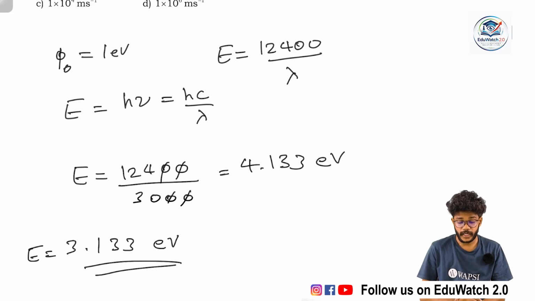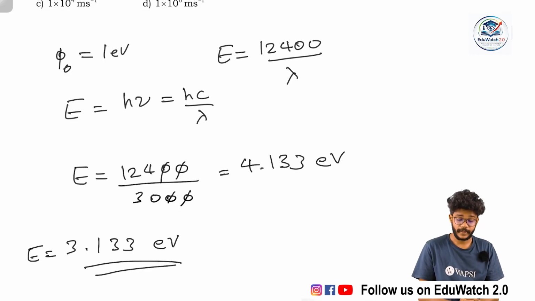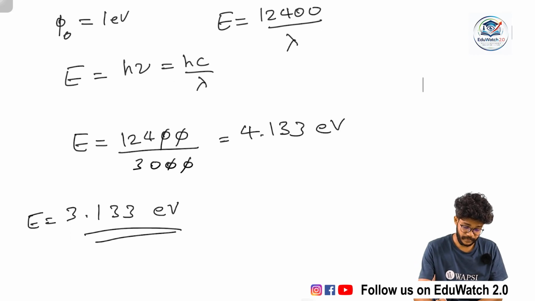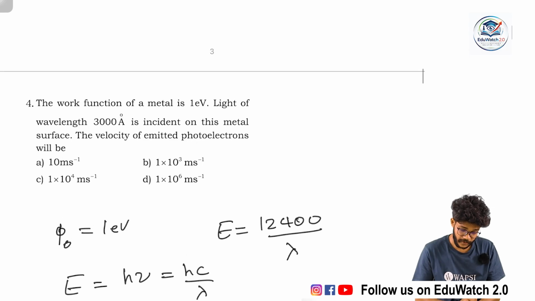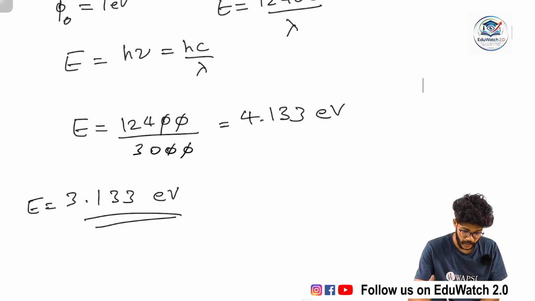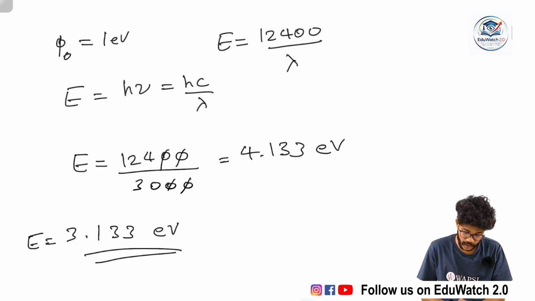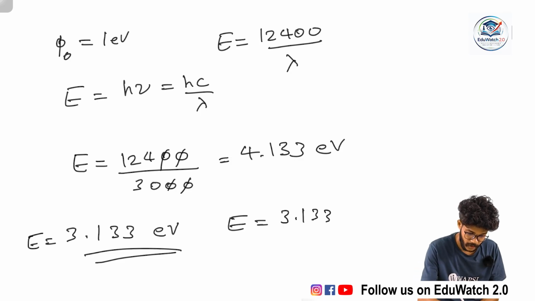So how much energy do we want now? We want to transform this electron volt to joule, because we have to find the velocity.